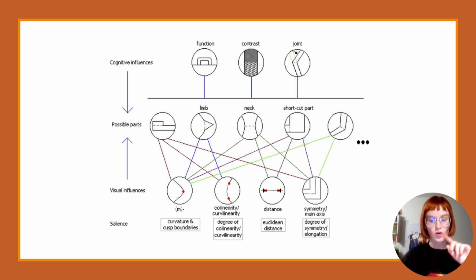So here we have cognitive influences and visual influences coming together to explain how they interact to allow for segmenting the objects the way we do.